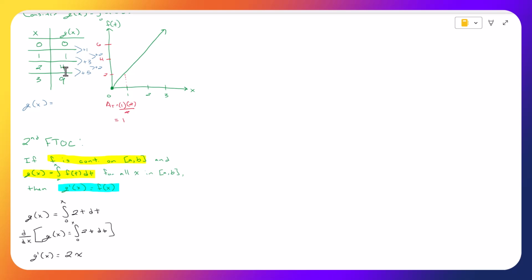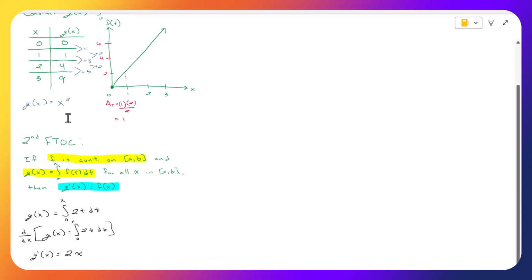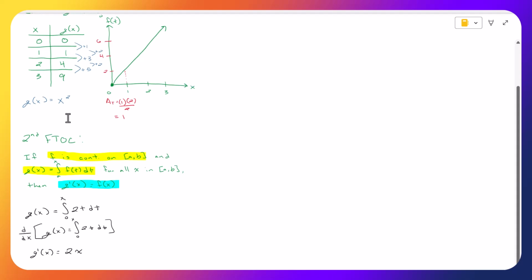Well, this is just x squared. G of x is just x squared. And we said down here, by our second fundamental theorem, g prime of x equals 2x. Well, what is the derivative of x squared? The derivative of x squared is 2x.